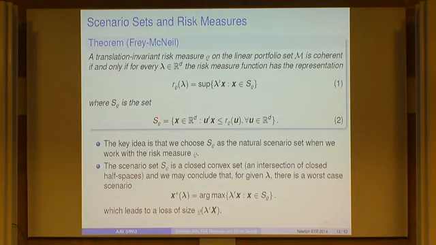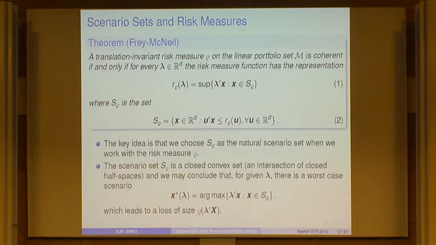I'll choose the scenario sets in this way, closed convex sets, and so there is a worst case. If you fix a lambda, fix a portfolio if you like, there is a worst case for that lambda, call it X star, which is the one that maximizes lambda transpose X in the scenario set.